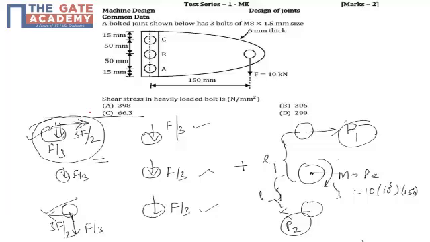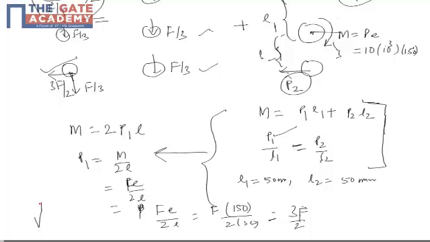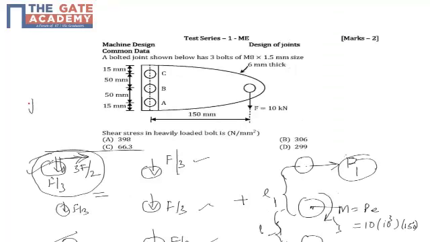Because it is a right angle triangle, the net shear load coming on C is the square root of F by 3 whole square plus 3F by 2 whole square.